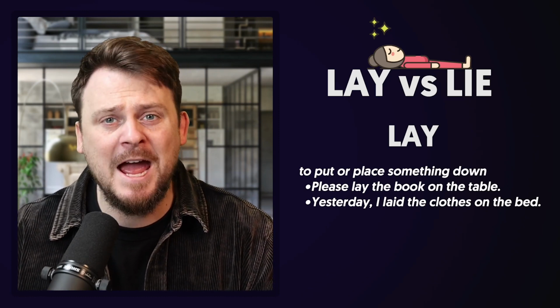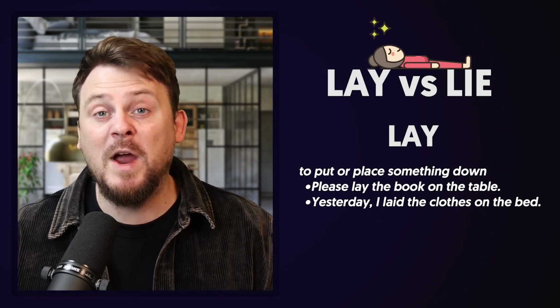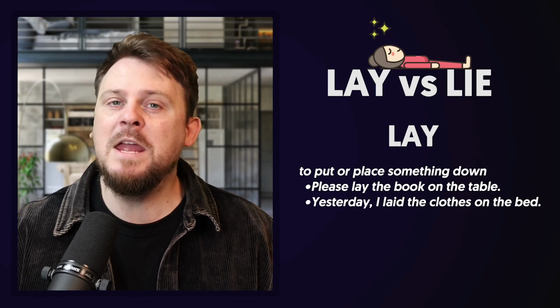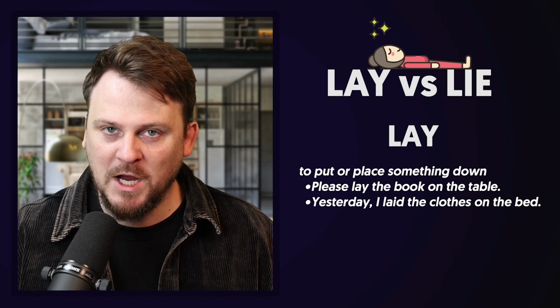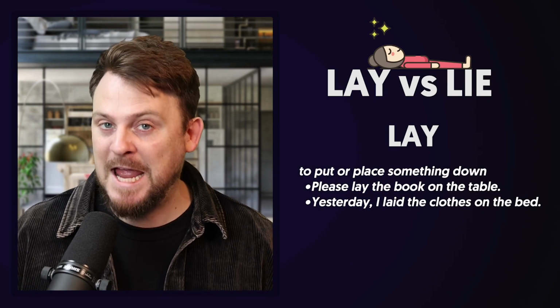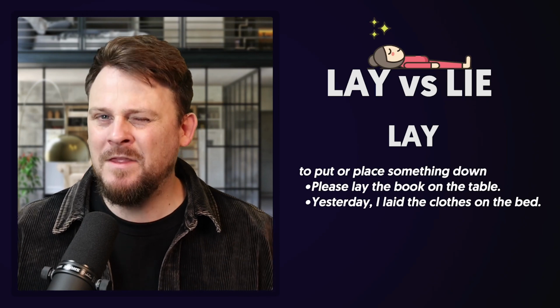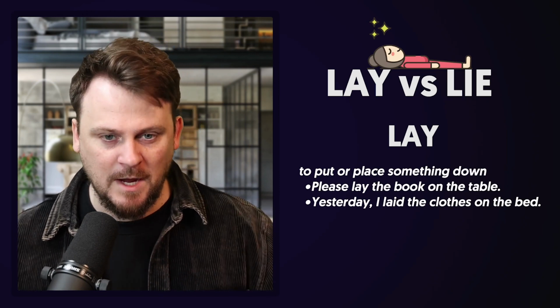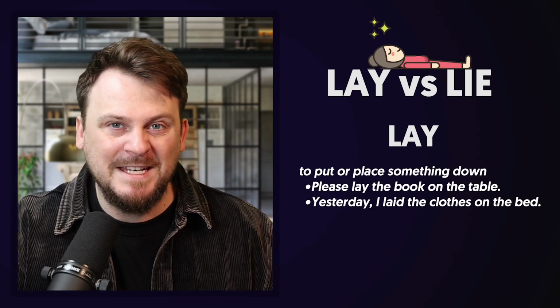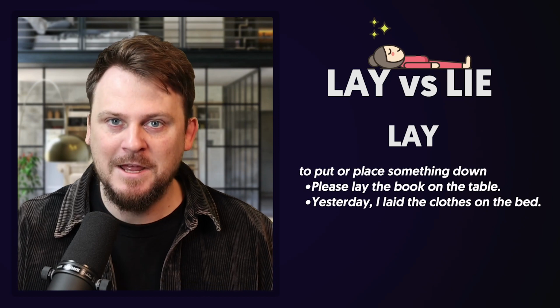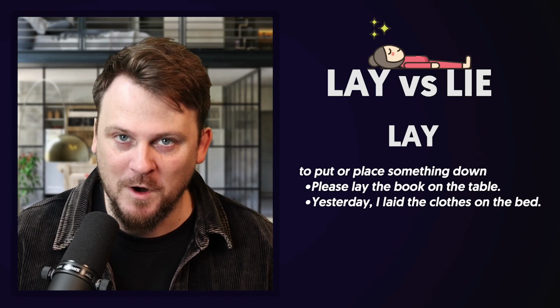And the recipient of the action is called the direct object. So the baby is the direct object of the verb, which is lay. So if you understand that, there's a subject, and then there's the verb lay, and then there is something that's getting that action, lay is the right thing to use. Lay is the right word, right?